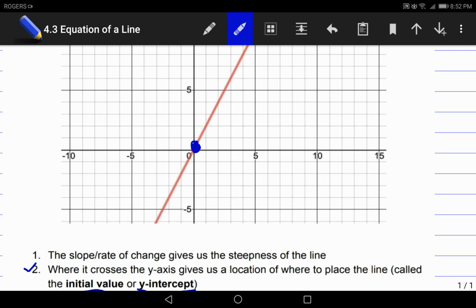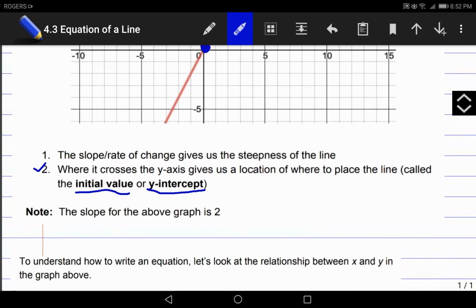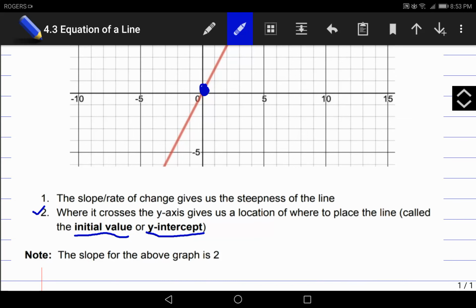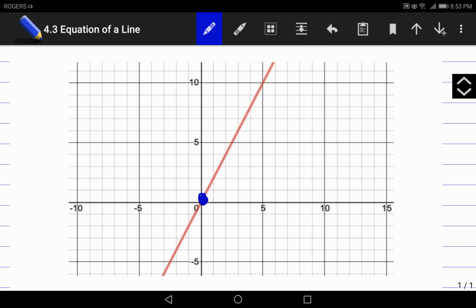Oh, and by the way, because this is going to come into play a little bit later in the lesson, the slope of this line is 2. Let's keep that in mind. In case we want a refresher from the last lesson, how did I get a slope of 2? I pick 2 points on the line. I draw my triangle.